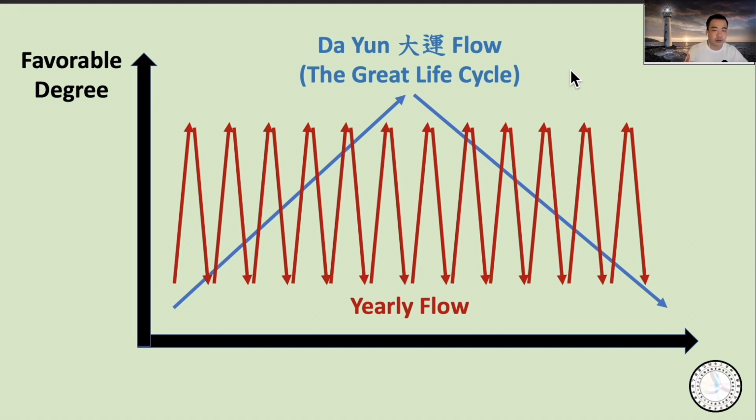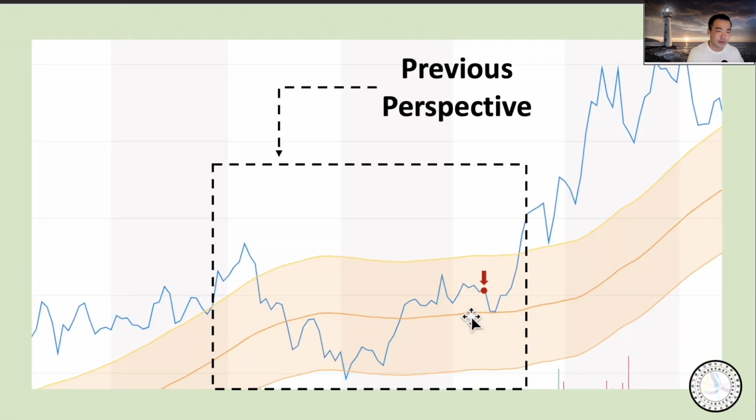Therefore, whatever great life cycle you are in right now, if you can understand these yearly flows, you can use that energy to know how we can prepare and act. It is similar to the graph I showed you guys in the beginning. If you understand this is not that bad a time compared with here, now you know the graph is increasing here. If you understand that, you can prepare for that. And you can use this flow to do something.